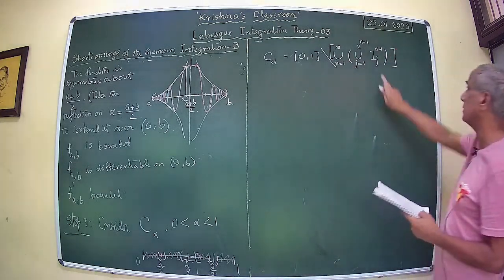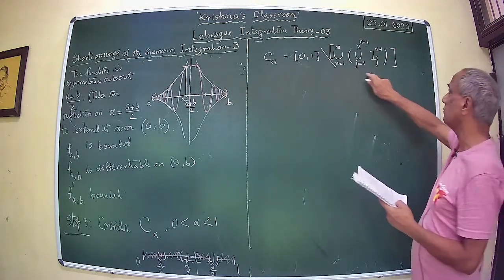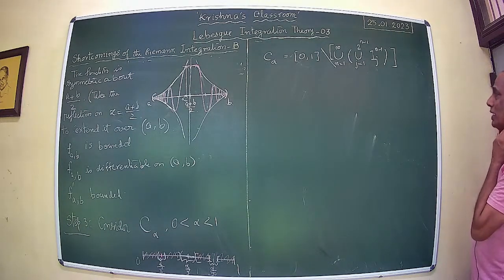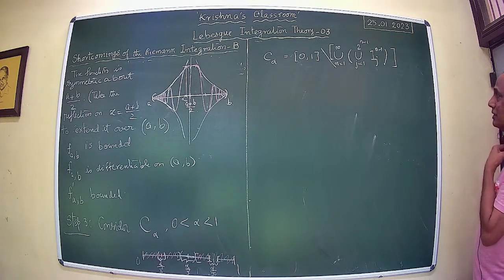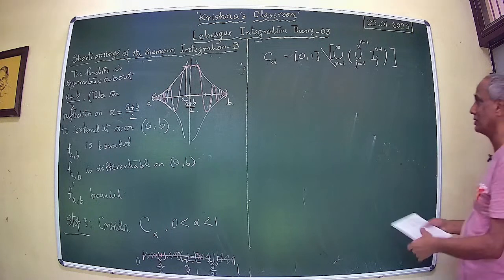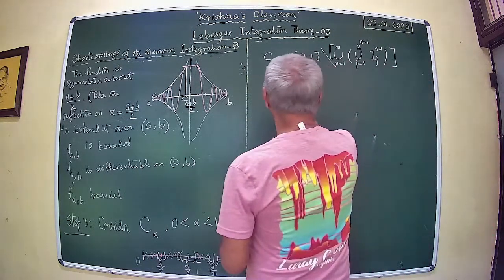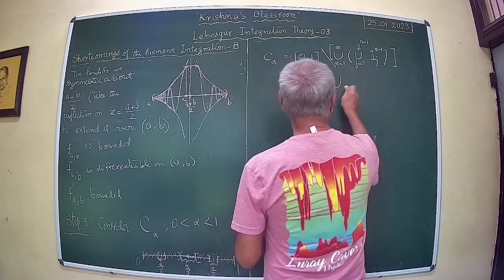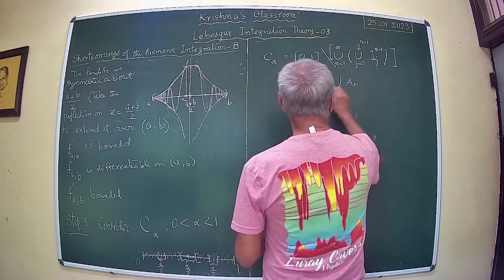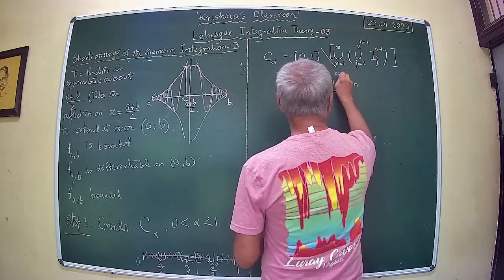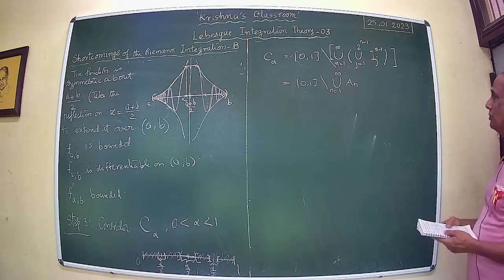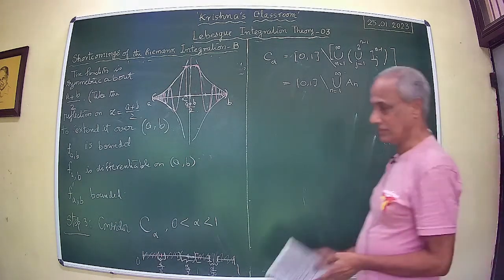Anyway, this is what we called A_n. So it is 0, 1 minus the union over n equal to 1 to infinity of A_n. This was in our earlier notation. Each A_n was a finite union of intervals.